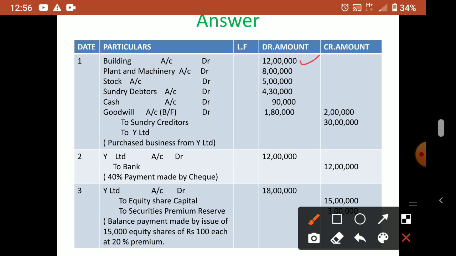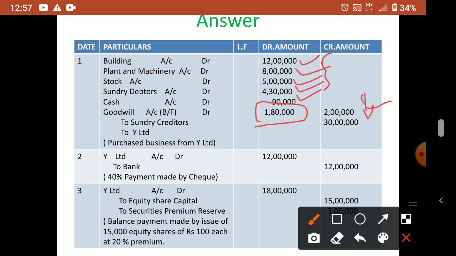Okay, so here what are the assets? Building 12 lakh, plant and machinery 8 lakhs, stock 5 lakhs, sundry debtors 4 lakh 30, cash 90. This one you don't write, this is actually afterwards we'll write. So these are the items given in the question. Now sundry creditors 2 lakh, this line one line up, you make it down.